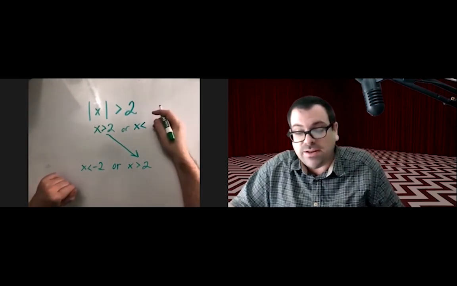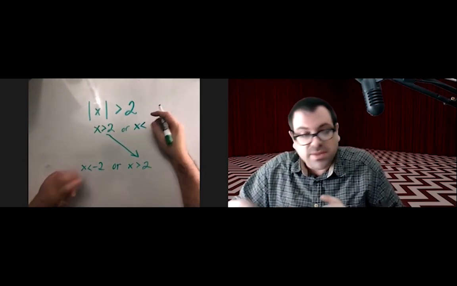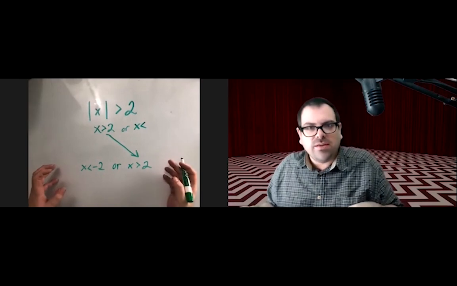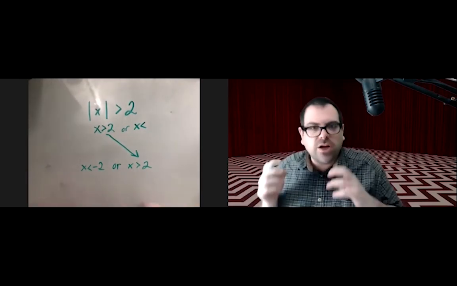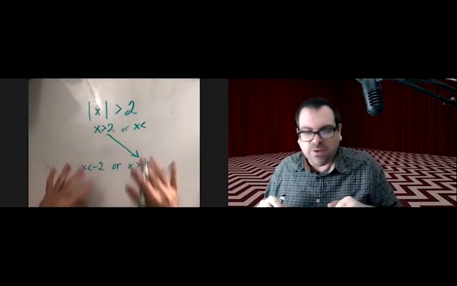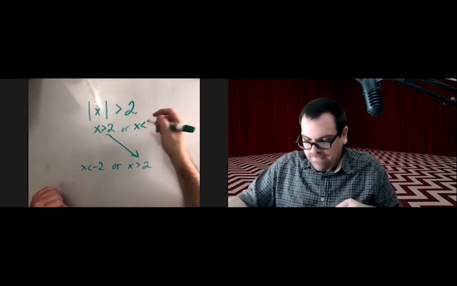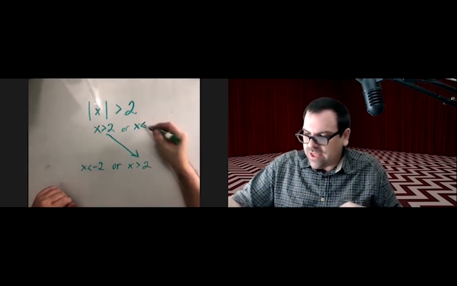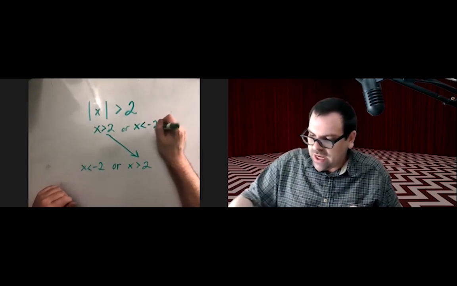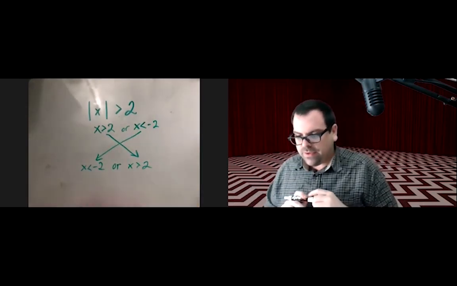That's the same thing we did for the less than, but this one we can't write as one thing. It's not an and statement. It's not an overlap. This has to be written as 2 separate ones. Change greater than to less than, change positive to negative, and that'll give us the other one.